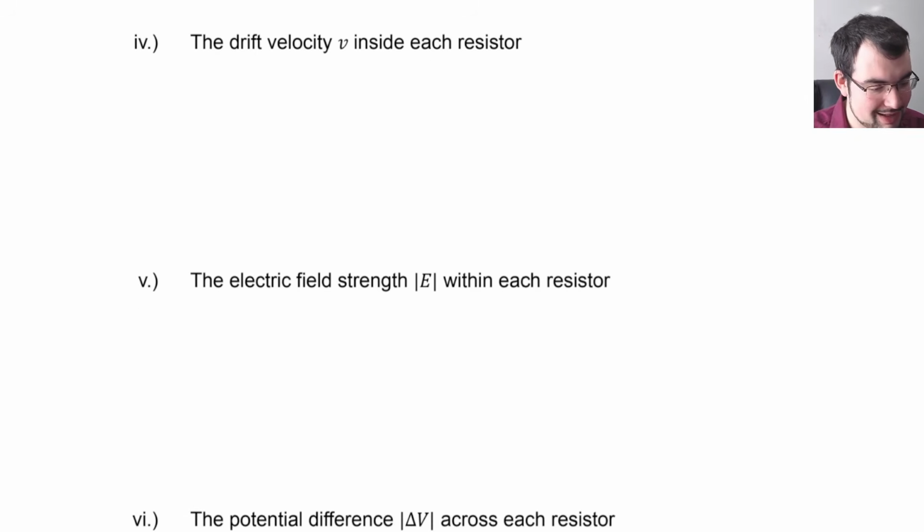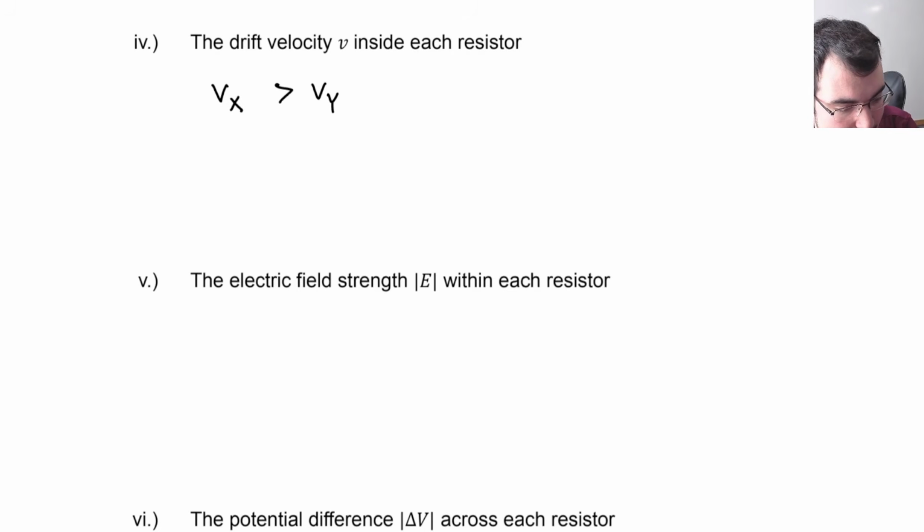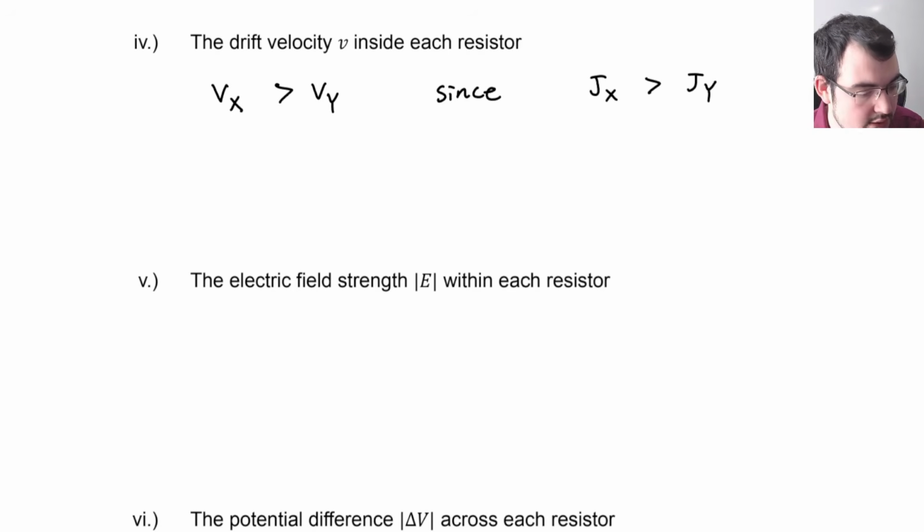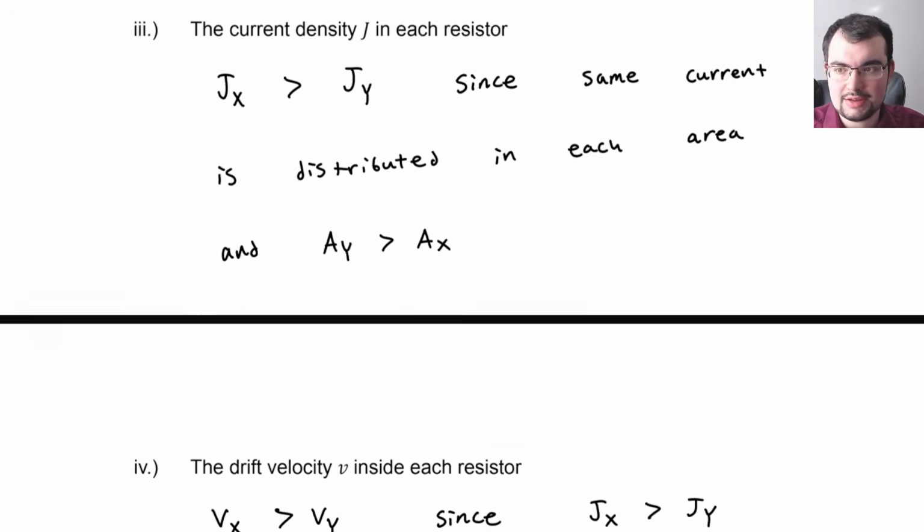What about drift velocity? So drift velocity, we said, is just proportional to current density. So the drift velocity is higher in X than it is in Y, since Jx is greater than Jy. Another way you can think about it is these have to create the same current.